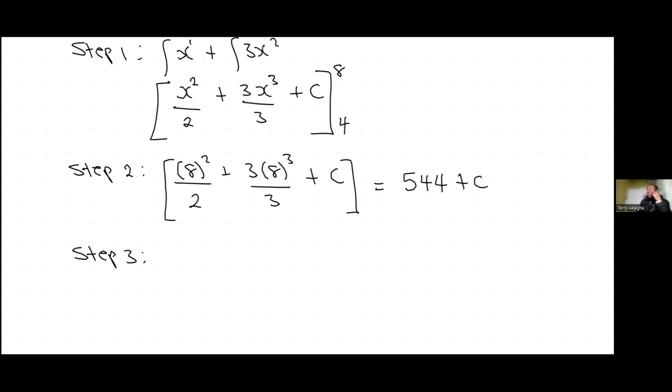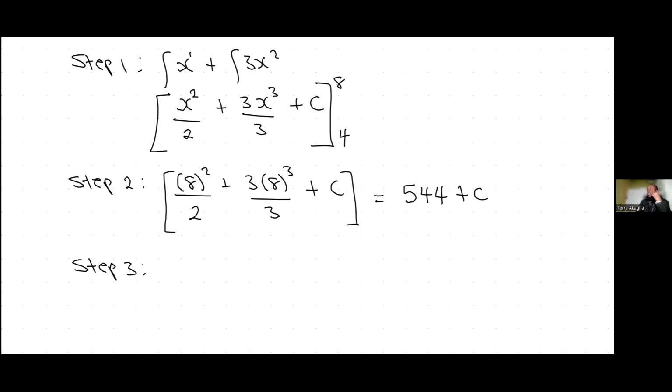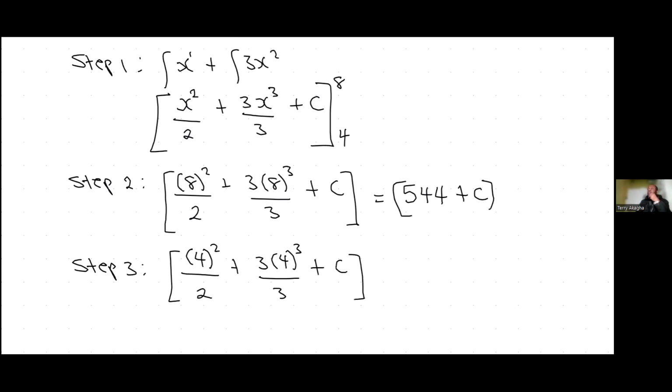We're going to substitute 4 anywhere we see x, so we're going to have 4 squared all over 2 plus 3 times 4 cubed all over 3 plus c. The answer you get when you solve this correctly is, I think, 72 plus c.